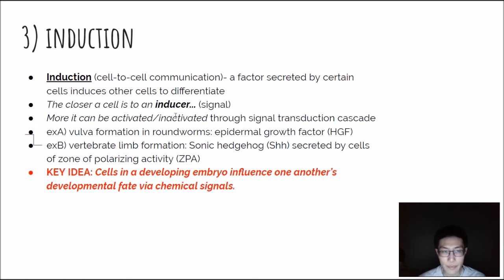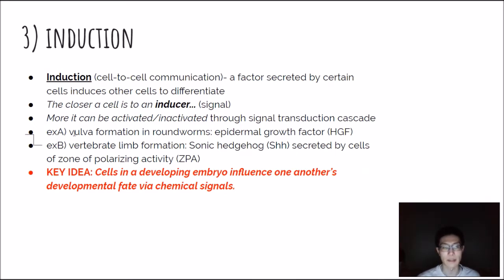Cool. Okay. So factor number 3 is induction. Induction is just cell-to-cell communication. A factor is secreted by a certain cell that induces other cells to differentiate. The closer a cell is to an inducer, the more it can be activated or inactivated through signal transduction cascades.